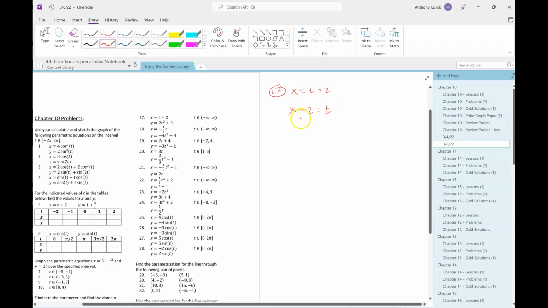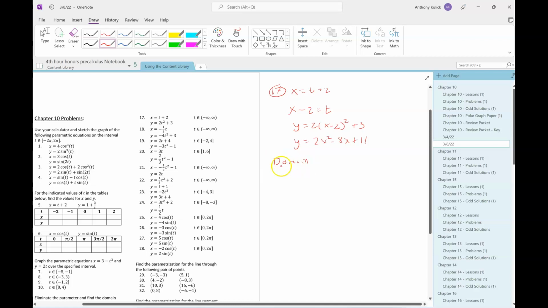So there's got the t by itself, and then we'll take our equation for y and plug in this new value for t that we just found. And I'll FOIL that out. Remember, x minus 2 squared is x minus 2 times x minus 2. So that's going to be 2x squared minus 8x plus 8 plus 3 is plus 11. So that's my Cartesian formula.